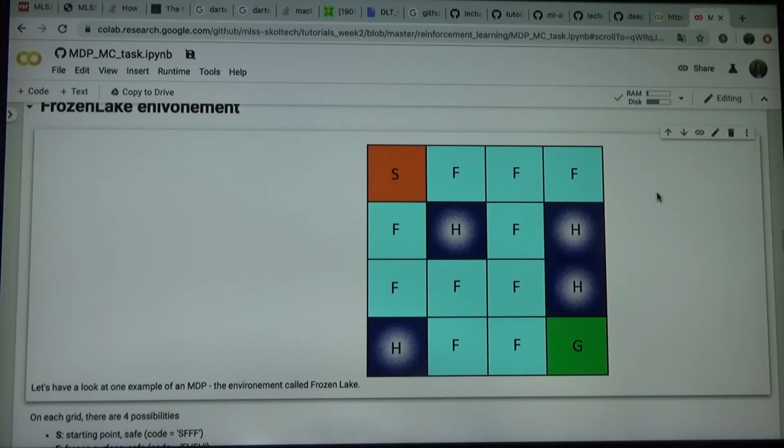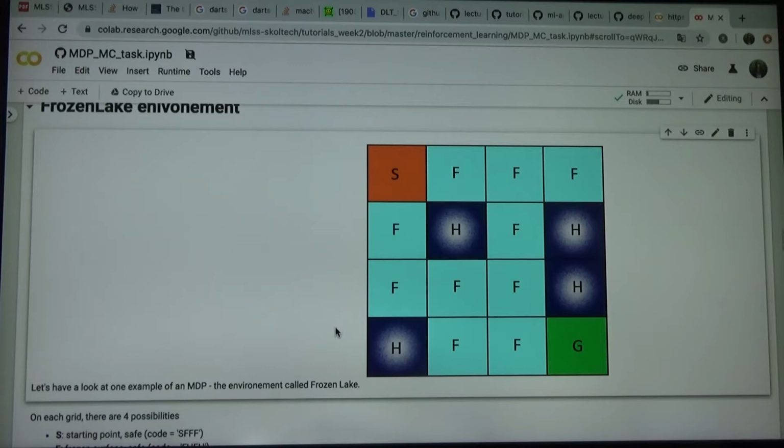When we go to G, we have to avoid the holes, which are denoted as H. If we fall into these holes, we die and get a reward of -1. Also, if we get to the G tile, we get a +1 reward. For each step, we get 0 reward.